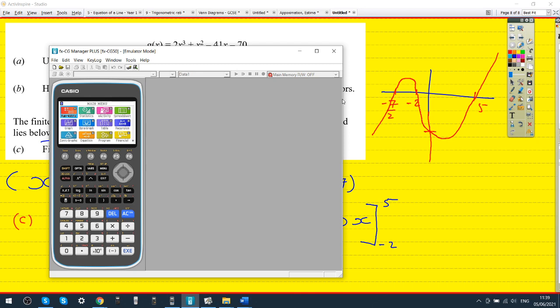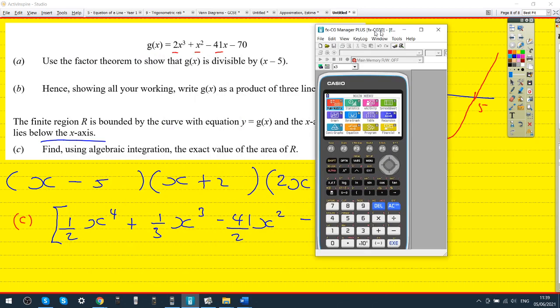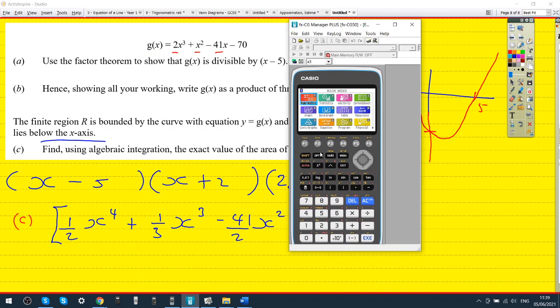Let's put this in. Graph 2x cubed plus x squared minus 41x minus 70. That's what she looks like.